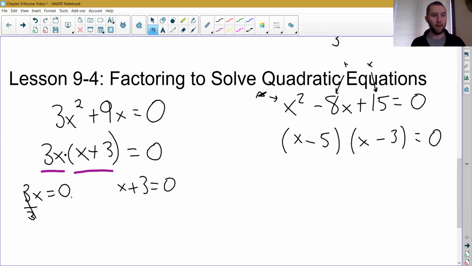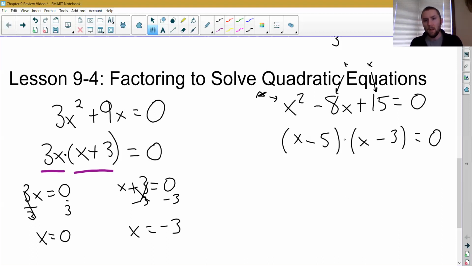This one I get by dividing by 3. 0 divided by 3 is 0. This one I get by subtracting 3. That goes away. 0 minus 3 is negative 3. So I have now two solutions. One is x equals 0, one is x equals negative 3 for this equation. It comes from setting each piece equal to 0 and then solving.